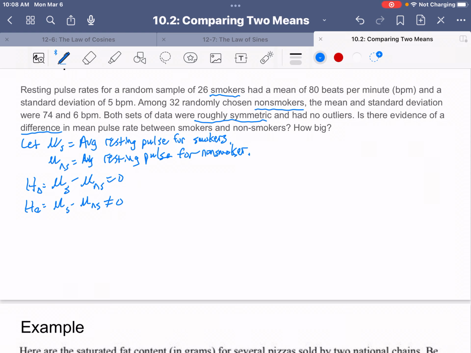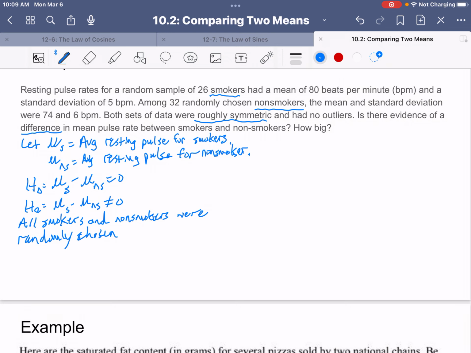So I'm going to say all smokers and non-smokers were randomly chosen. So that's good.